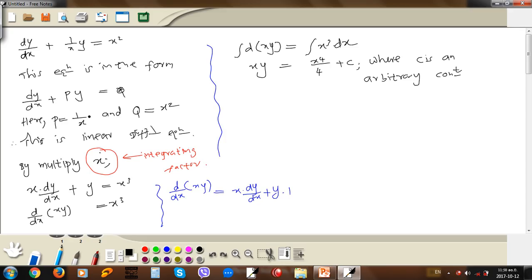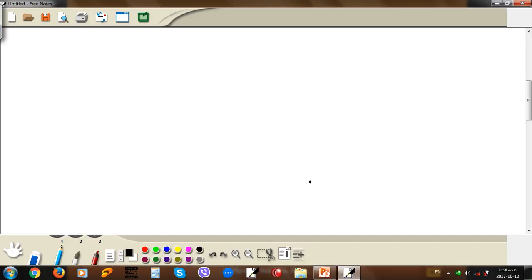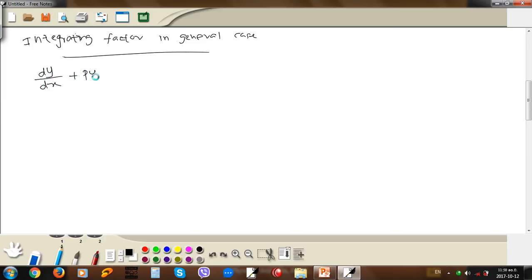Integrating factor in the general case. We consider dy/dx + py = q, where p and q are functions of x.